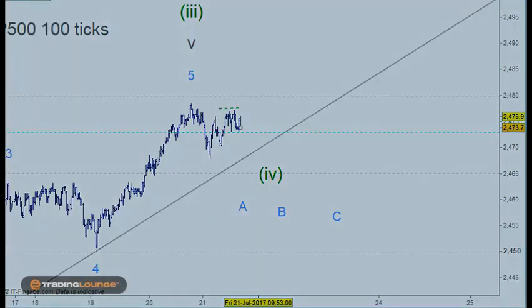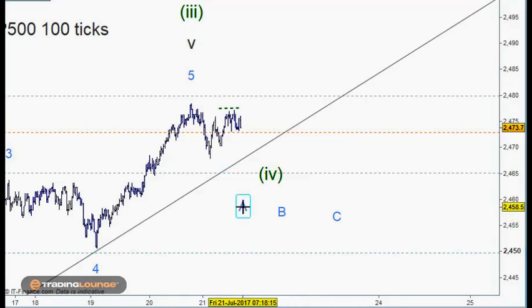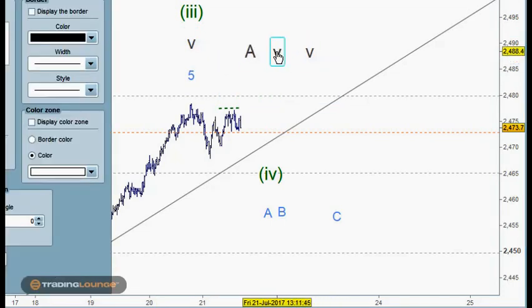But what I think might happen here is that I need the next degree higher for this, so I'll just go 1, 2, 3.